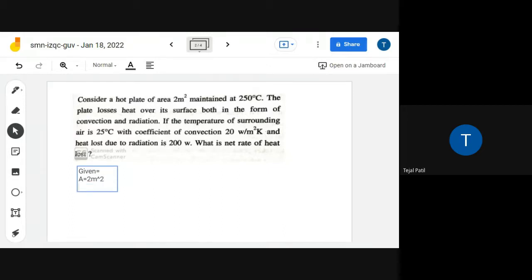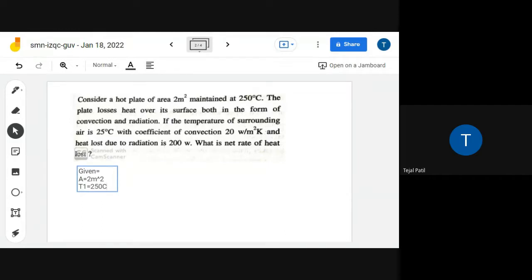It is maintained at 250 degrees Celsius. That means the first temperature is 250 degrees Celsius. The plate loses heat over its surface both by convection and radiation. So both modes are used to lose the heat.